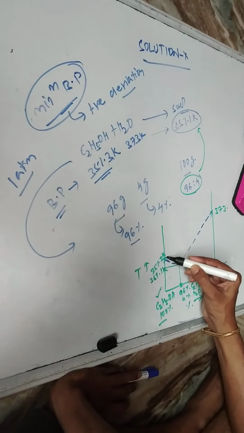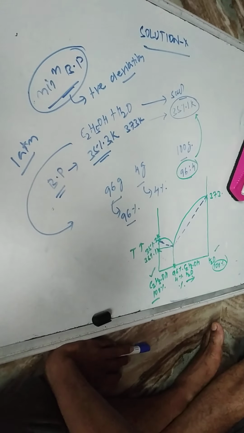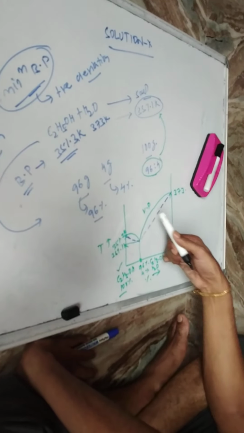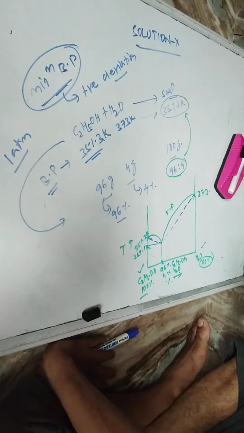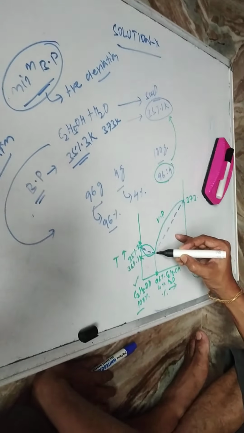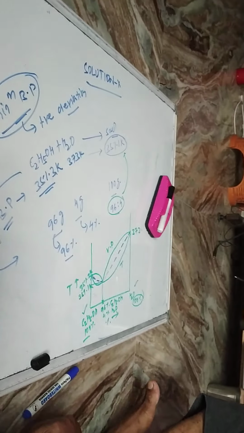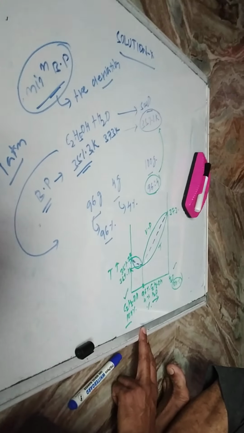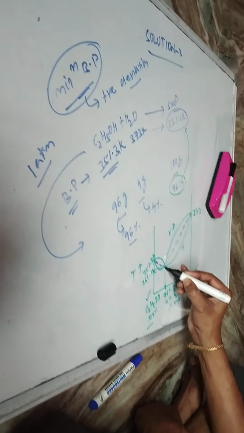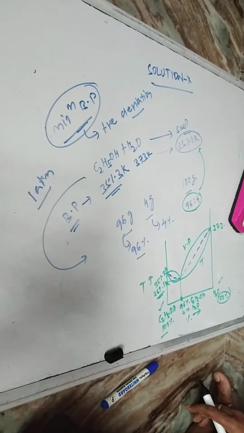So the vapor pressure curve should be above the ideal curve. As the vapor pressure is more, the boiling point will be less, so its boiling point curve will be just below the ideal solution curve. So this non-ideal solution of positive deviation forms an azeotropic mixture, which is the minimum boiling point azeotropic mixture, and this temperature is 351.1 Kelvin. So this is the graph for the minimum boiling point.